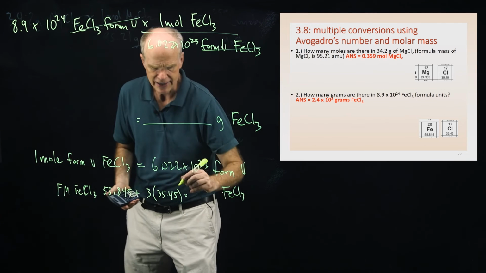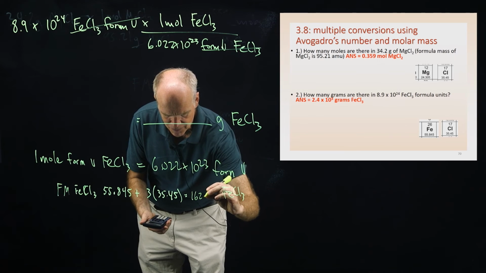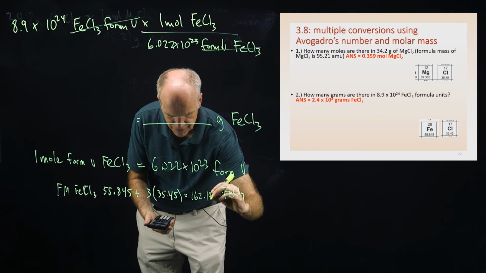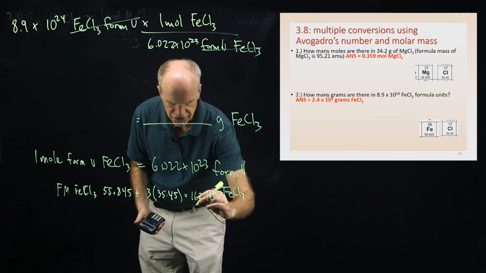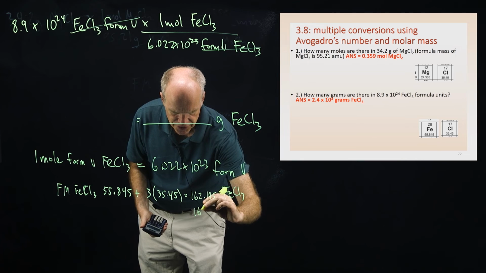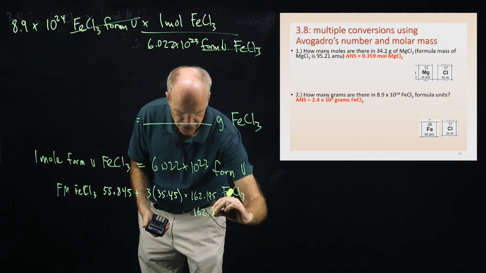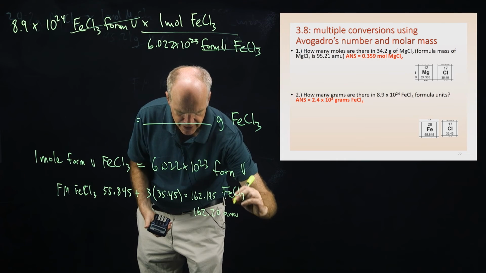Okay, and so I get a formula mass for iron chloride of 162.195 on my calculator. Let me take a quick look at this, and it looks like this is going to be rounded to 162.20 atomic mass units.